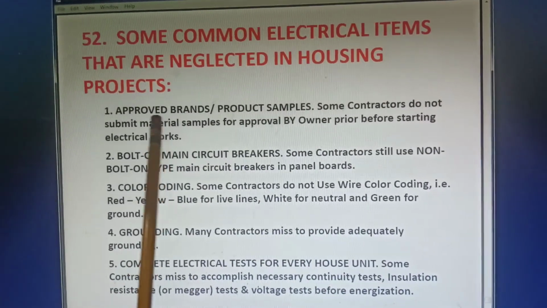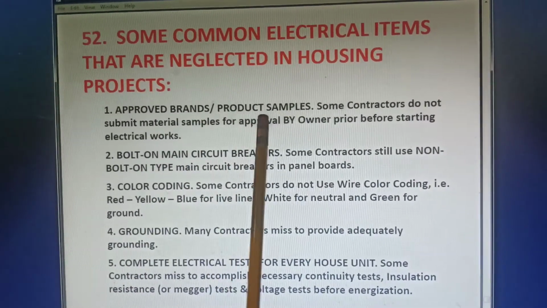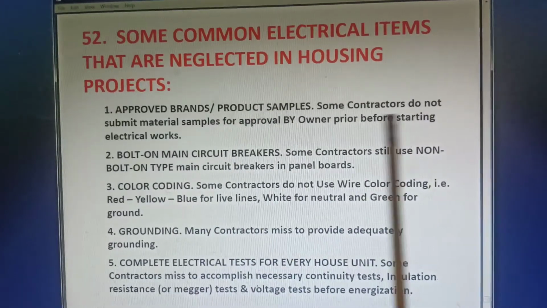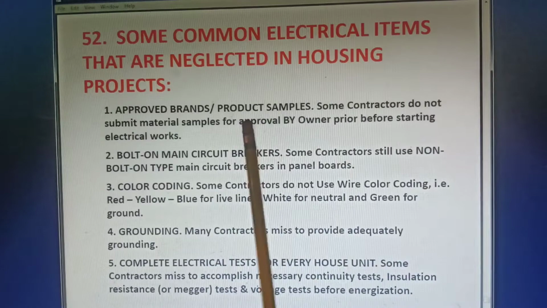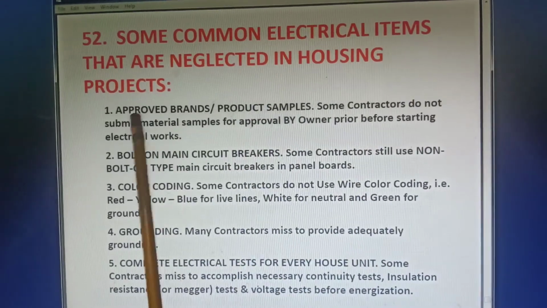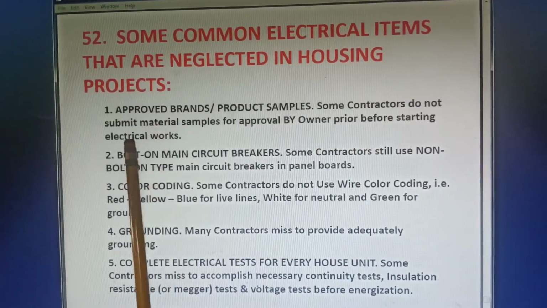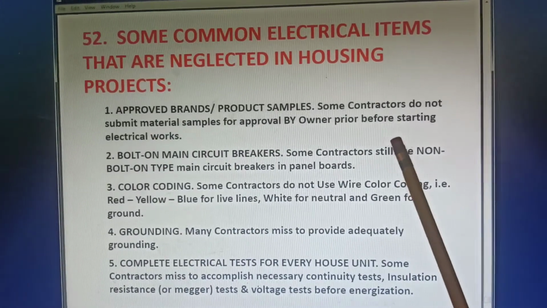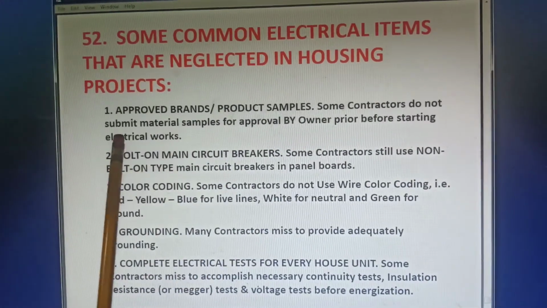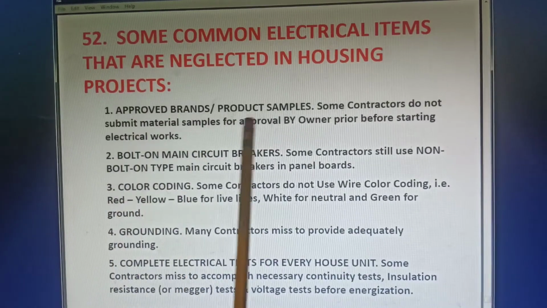Number one, they do not submit the approved brand and approved samples to the project management. General contractors or owners or consultants should ask for approved brand or product samples.